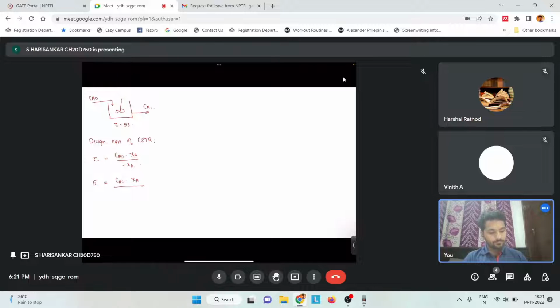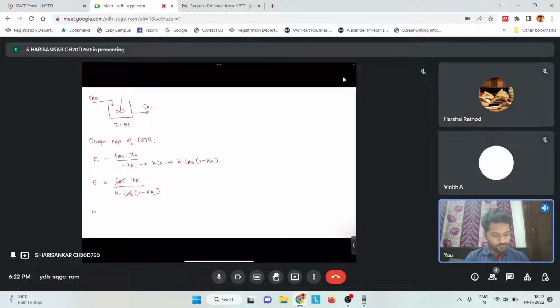So this minus Ra is K Ca because this is a first order reaction. This K Ca can again be written as K into Ca0 into 1 minus Xa. So the Ca0 and Ca0 will get cancelled, and it is given that K is 0.2.